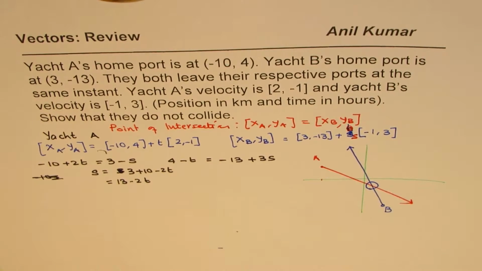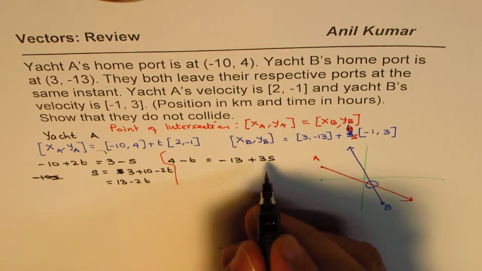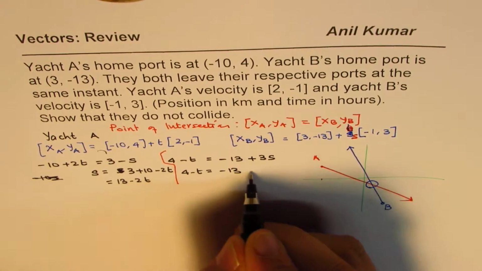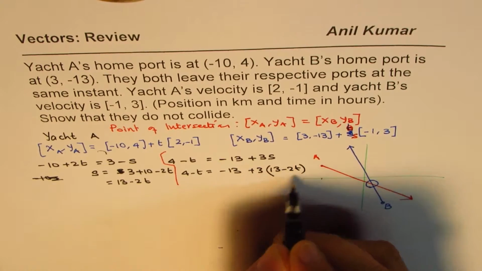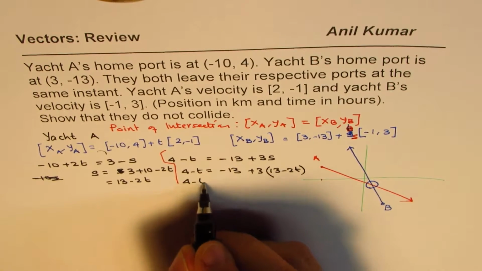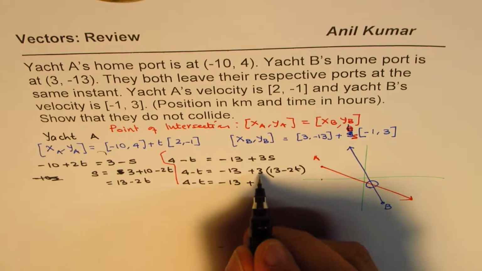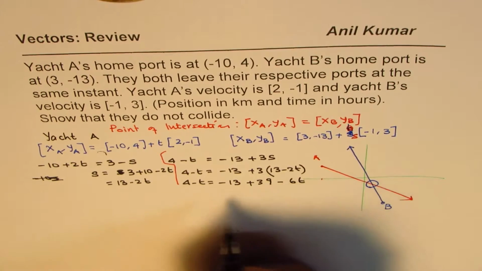Now if I substitute this here for S, I get 4 minus t equals minus 13 plus 3 times 13 minus 2t. So that gives me 4 minus t equals minus 13 plus 39 minus 6t.